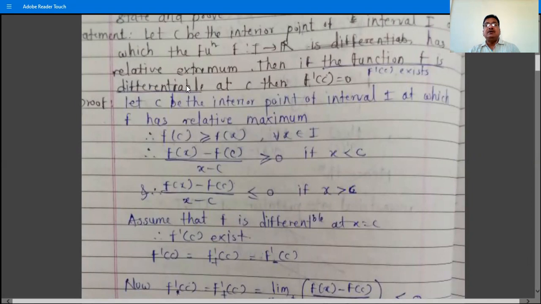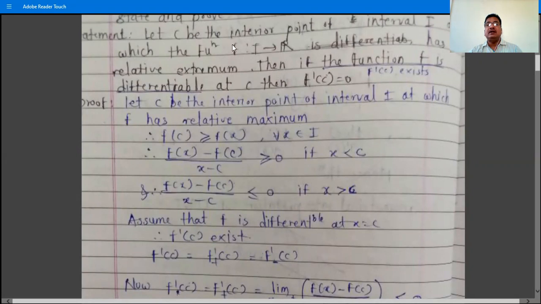So the function has a maximum at the point C.